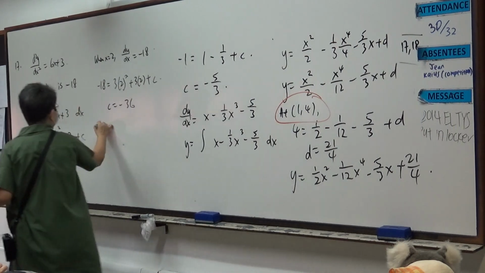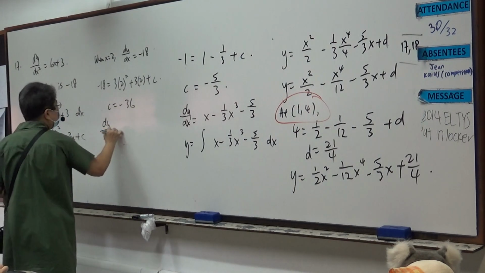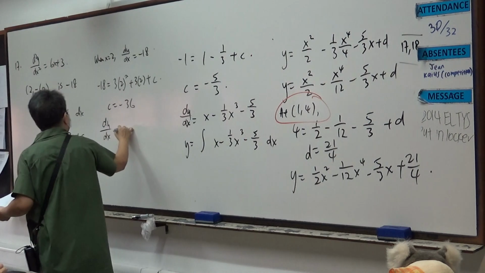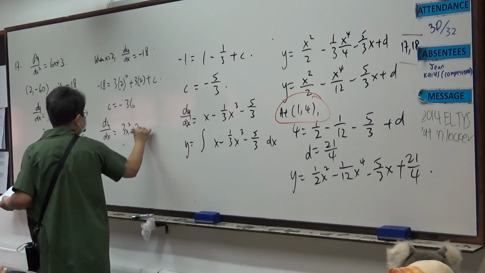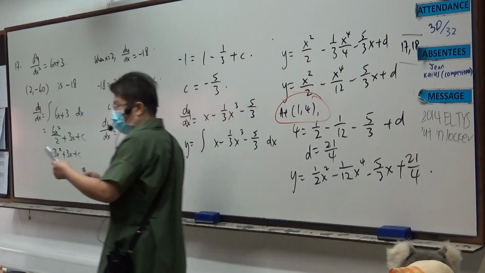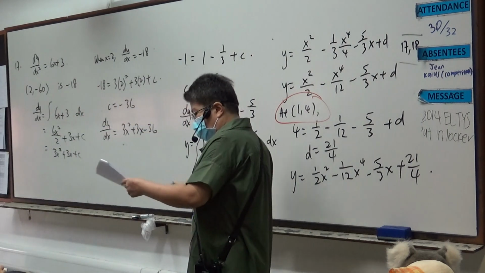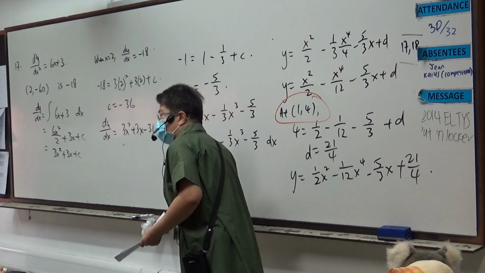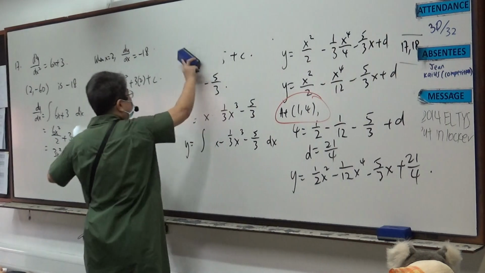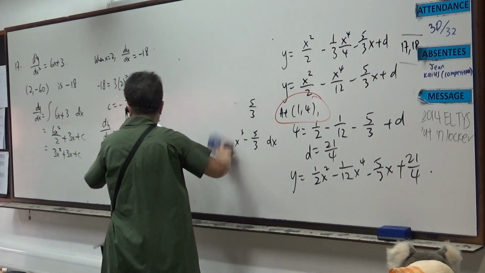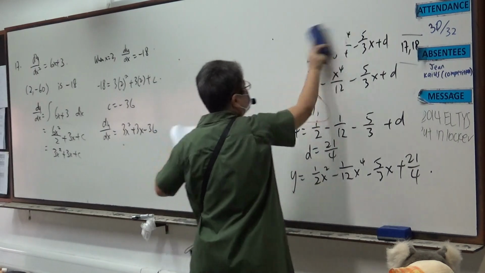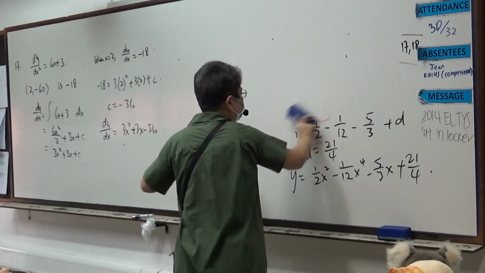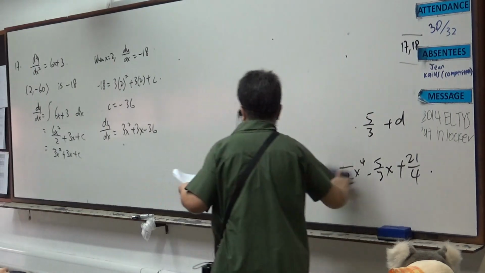Okay? So, your dy/dx will be 3x squared plus 3x minus 36. Everybody okay? Now, after I reach this step, what do I do? What did the question ask for? Stationary points, right?